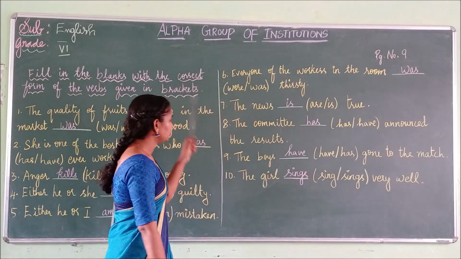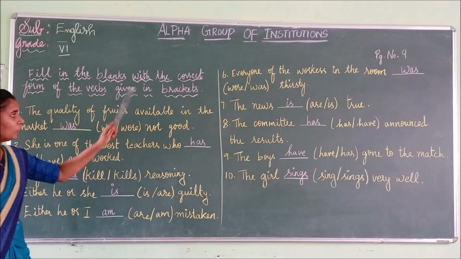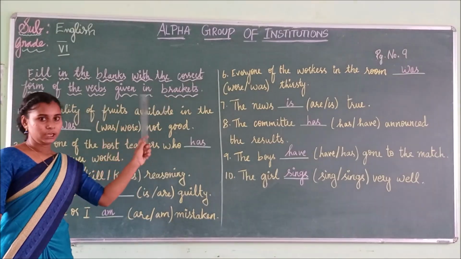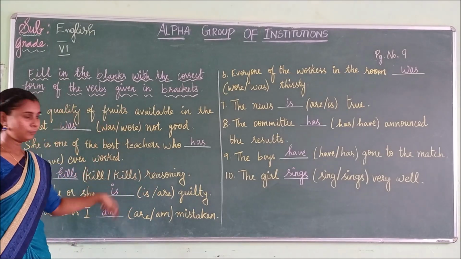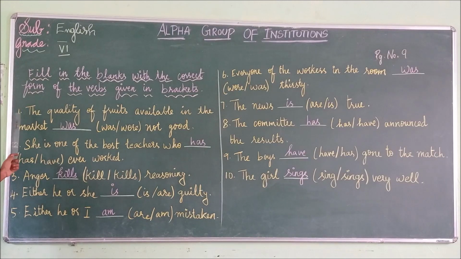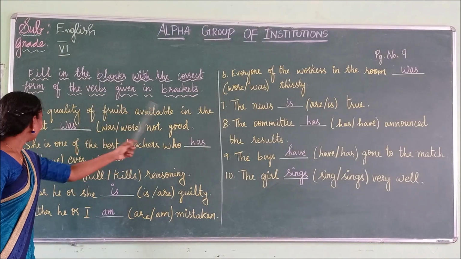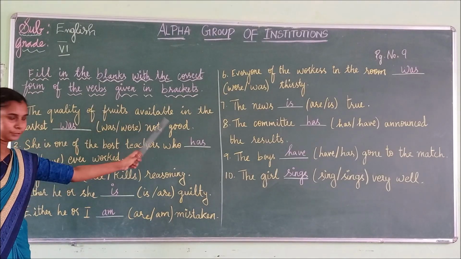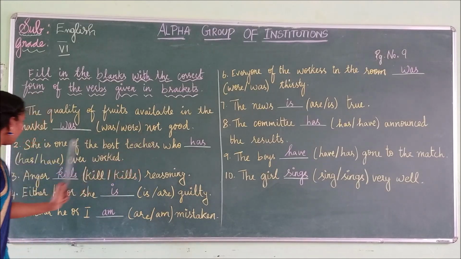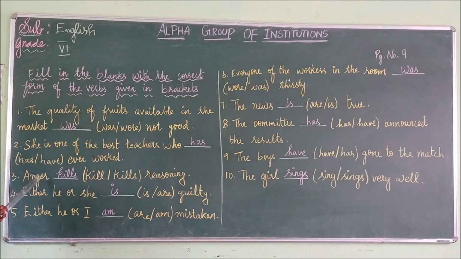Okay children, so we'll see it once again. This exercise is on page number 9 in your English textbook. So you have to fill in all these answers, okay? First, the quality of fruits available in the market was not good. She is one of the best teachers who has ever worked. Anger kills reasoning.